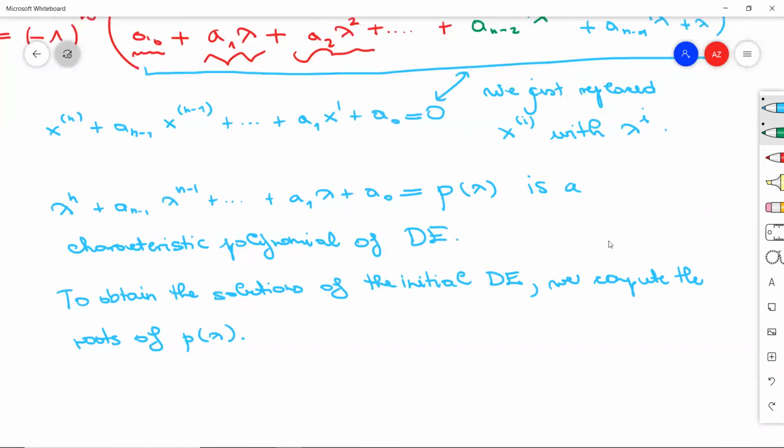And I will write them here. So let's say that the roots. So how many roots does a polynomial of degree n have? N. Is this clear, or is this some deep fact?